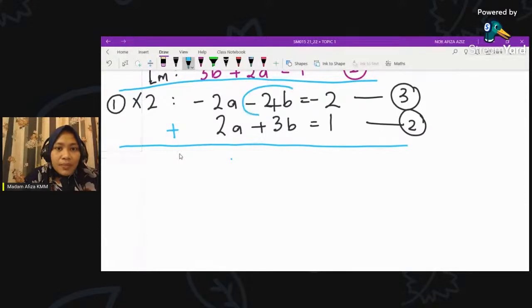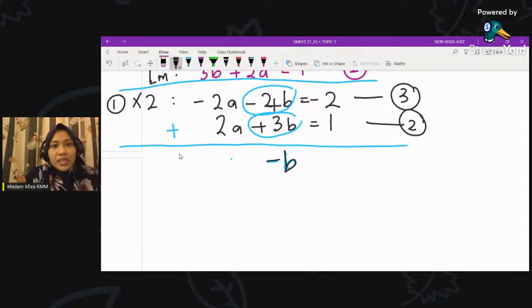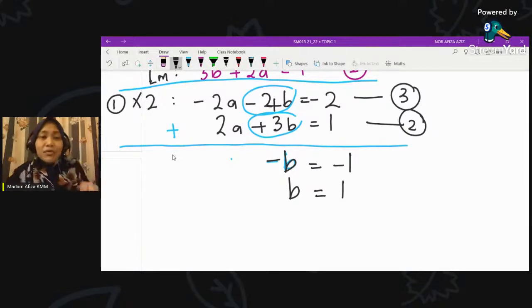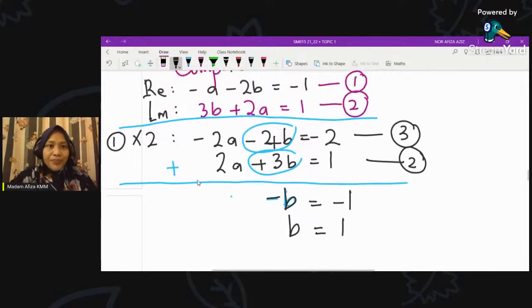Negatif 4 plus 3 kita akan dapat minus B, equals to negative 2 plus 1 is negative 1. Hence, we know B is equal to 1. Cepat kan, daripada nak guna substitution? Tapi nak guna substitution method pun tak salah. Penting kita pilih jalan yang cepat.